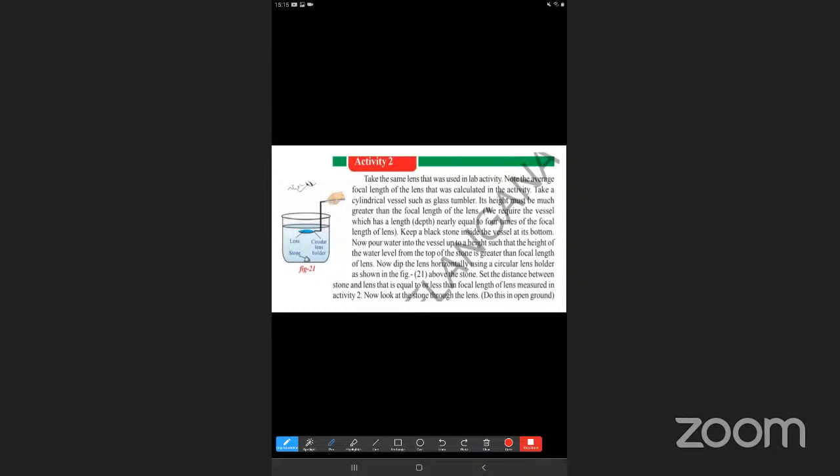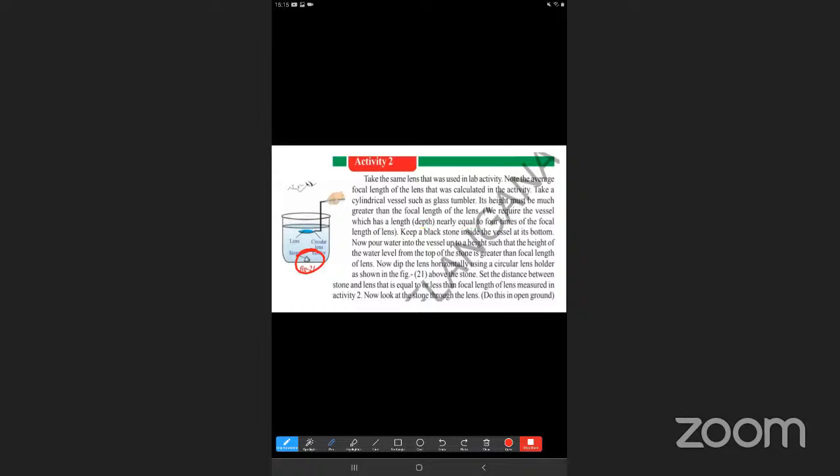So here we require a vessel which has a length nearly equal to 4 times the focal length of the lens.